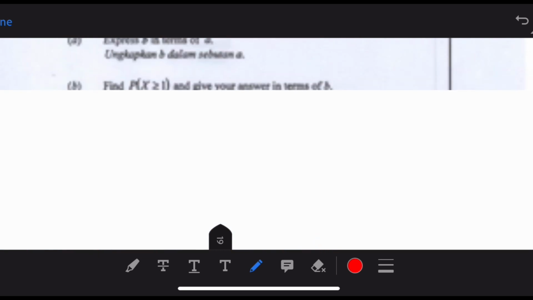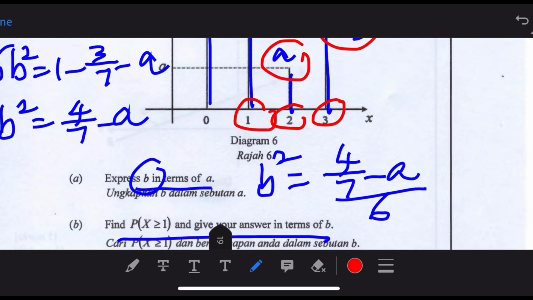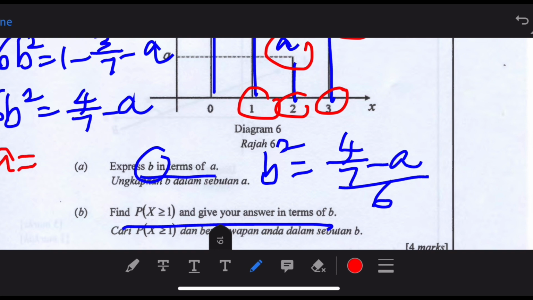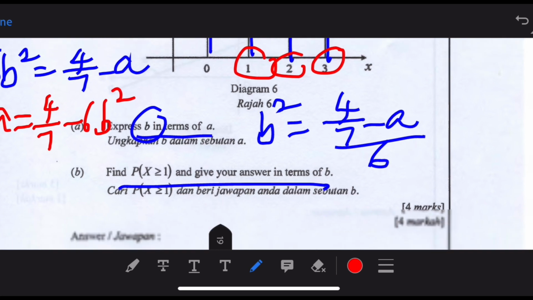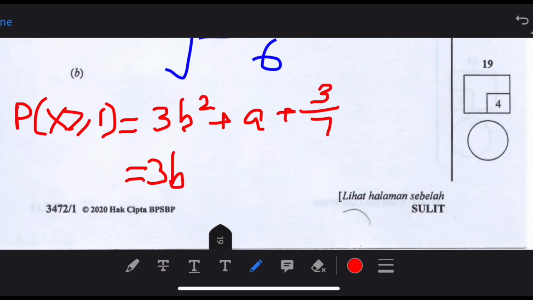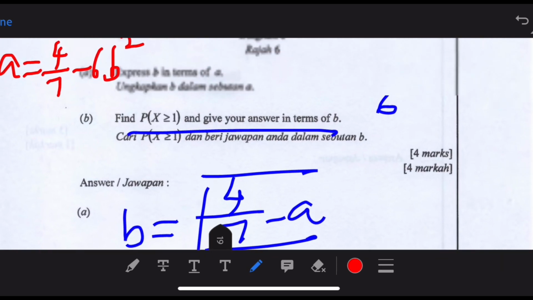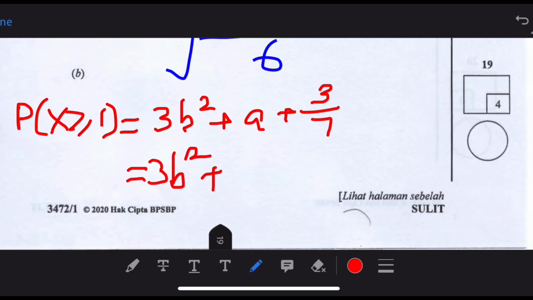From the question just now, your a is equal to 4 over 7 minus 6b squared. So we substitute into the answer accordingly, according to what the question wants. The question is asking in terms of b, so we need to substitute a in terms of b.